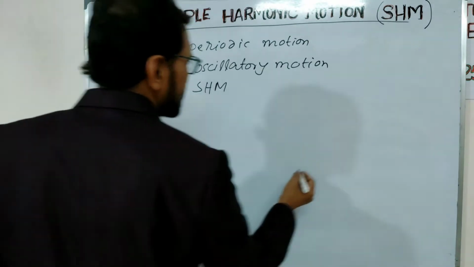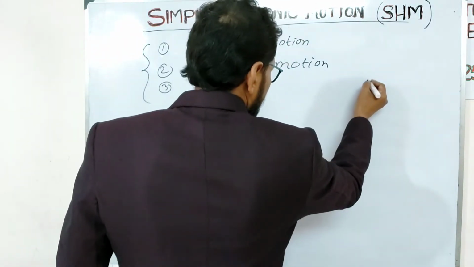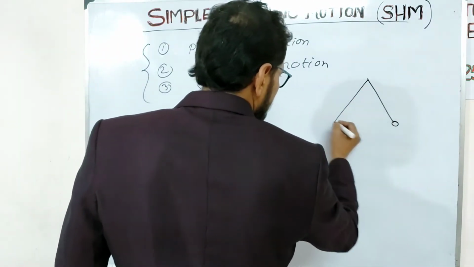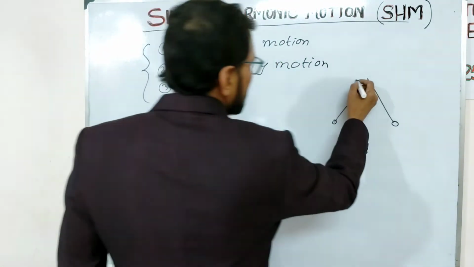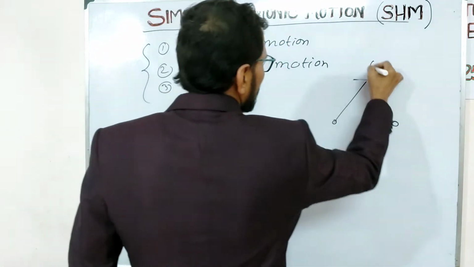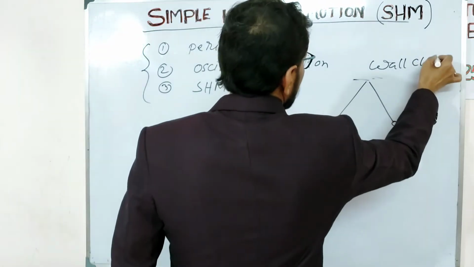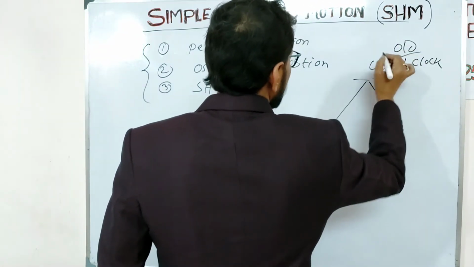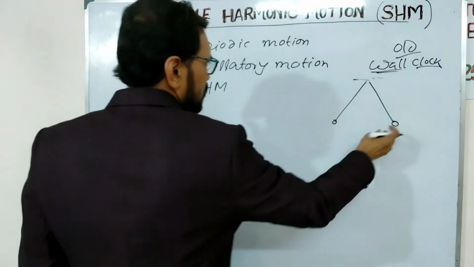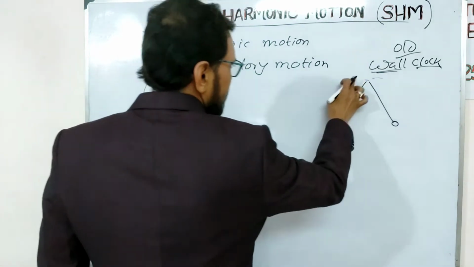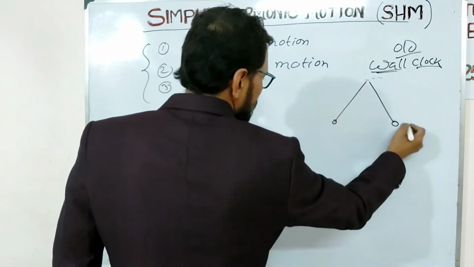Suppose a pendulum, you know the pendulum in an old type of wall clock, that oscillates from this to this.